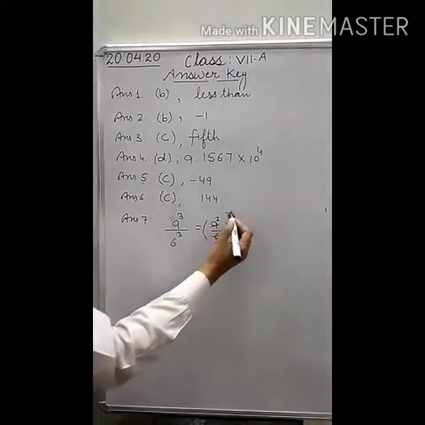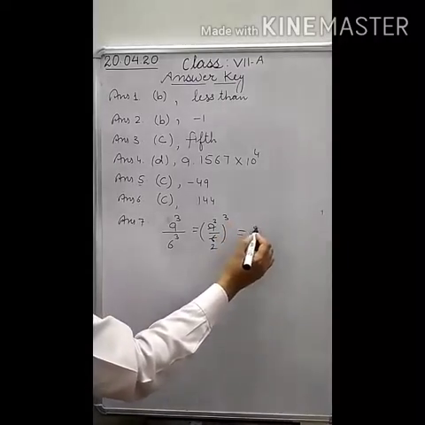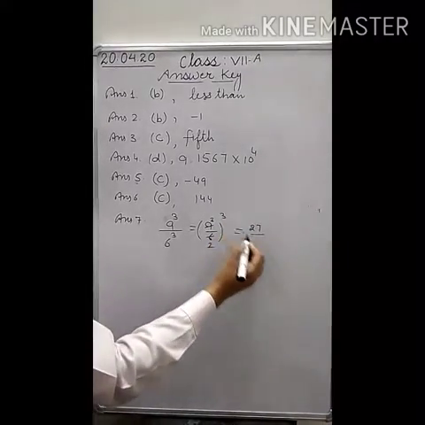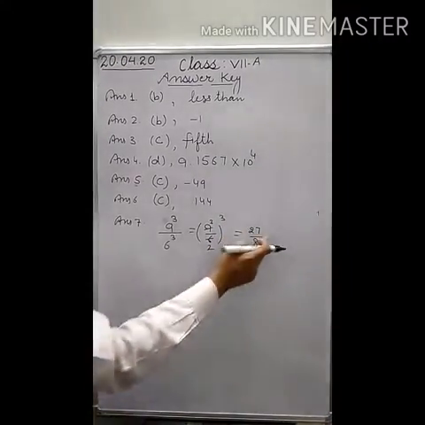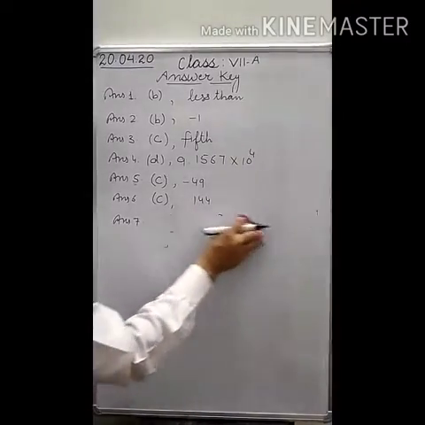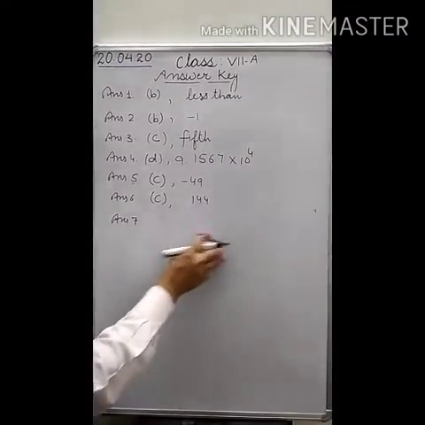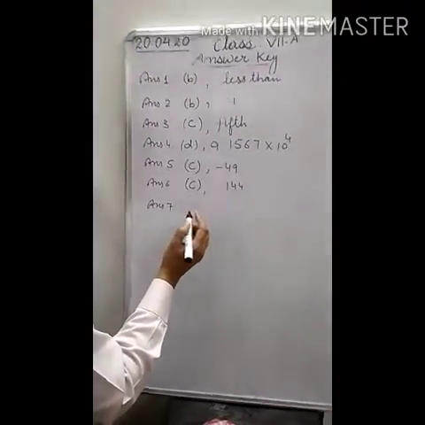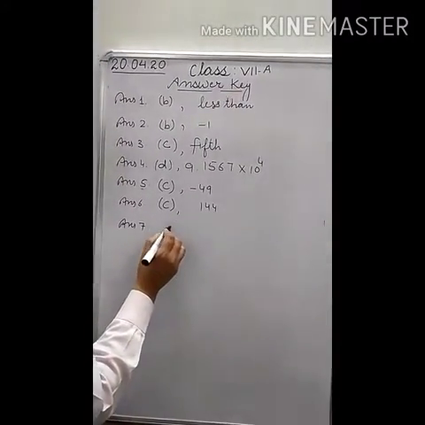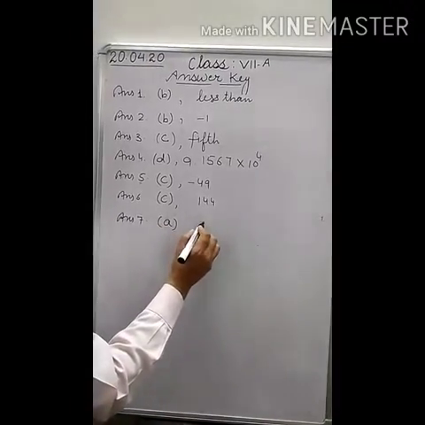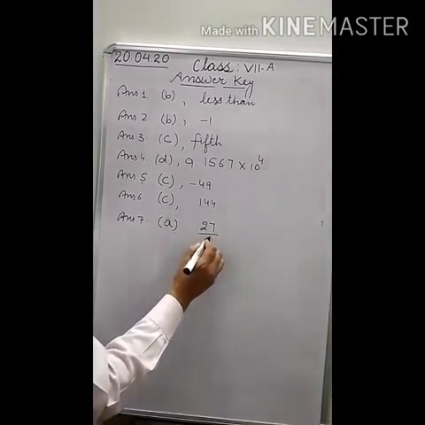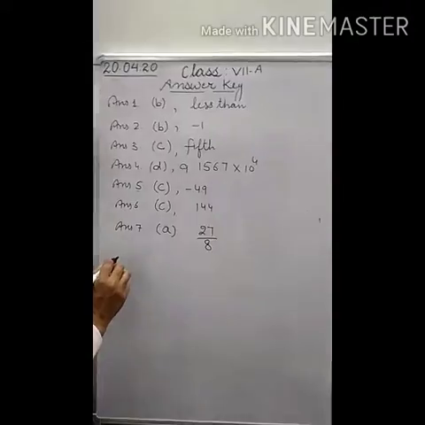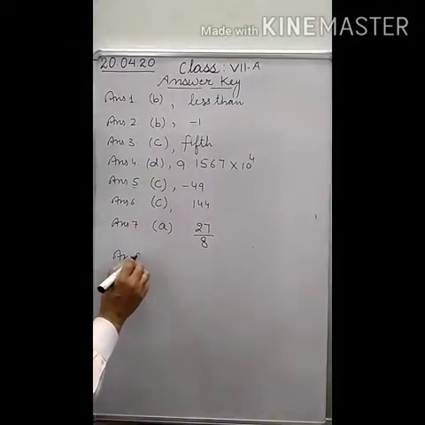It means 3 by 2 whole cube. So 3 cube is 27 and 2 cube is 8. So your answer will be 27 by 8. Find it in the options. The correct option will be A, that is 27 by 8. Come to the next one.